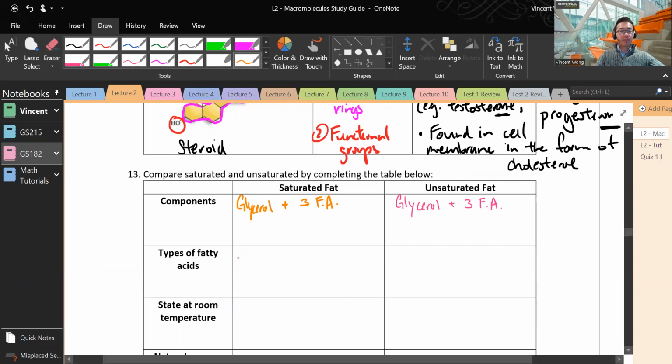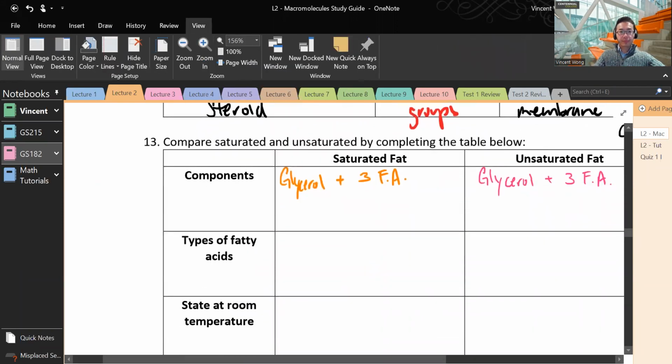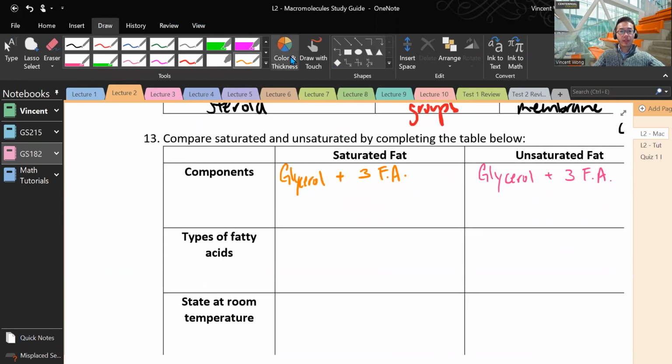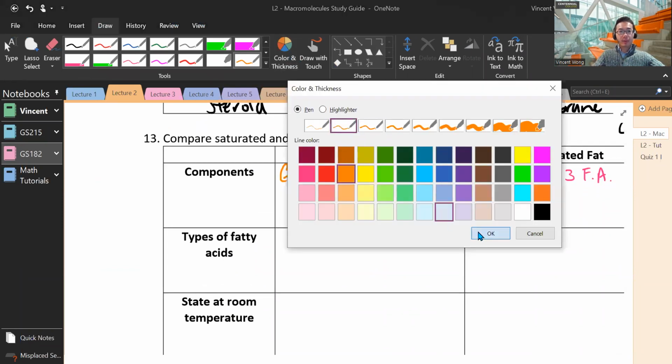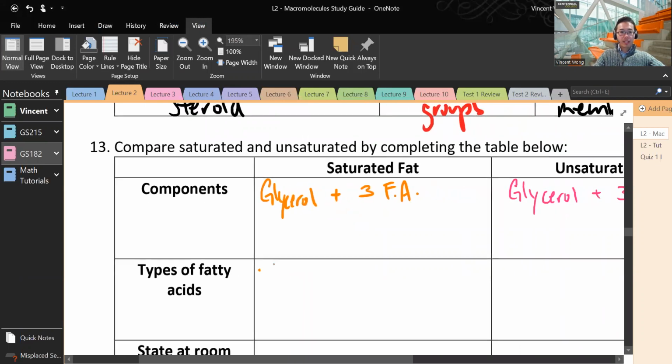So for saturated fat, we have saturated fatty acids. Let me zoom in a little bit here and try to fit it all into the box. Okay, there we go. So we have saturated fatty acids.